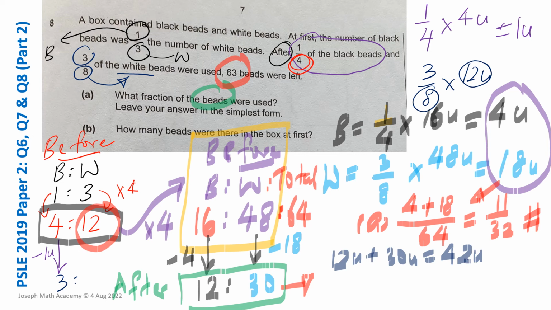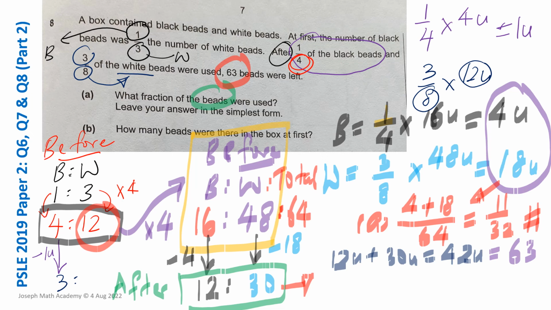So 42 units has to be 63, because 42 units left, 63 beads left, so 42 units must be 63.